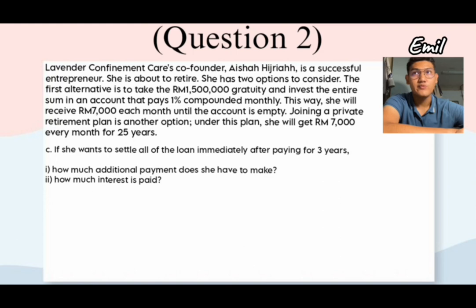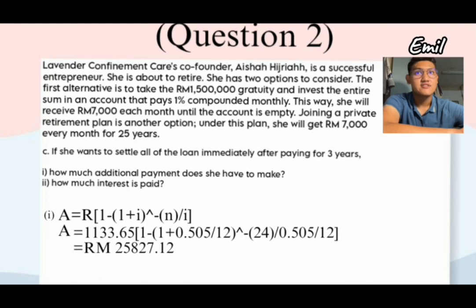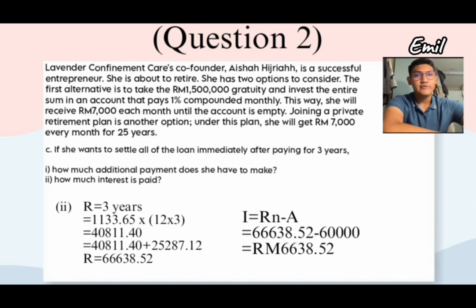Okay, now we're going to find the A. So we put R is 1133.65, in the big bracket 1 minus (1 plus i), where i is 0.0505 divided by 12, to the power of negative 24, and then divide by i again, that is 0.0505 divided by 12, and then close the bracket. So we got the answer 25827.12.